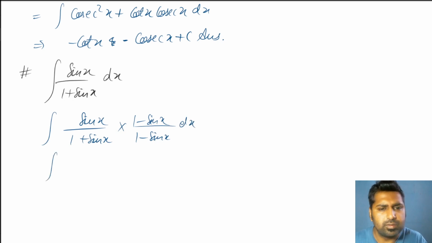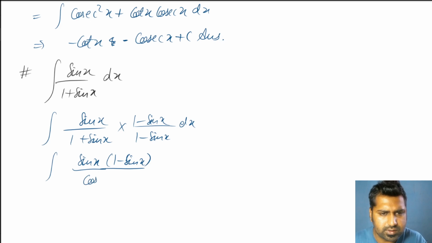So this becomes numerator. Now you'll have to multiply. So this becomes sine x into 1 minus sine x. Let's keep it like this for now. Upon 1 minus sine square becomes cos square x, okay, dx.